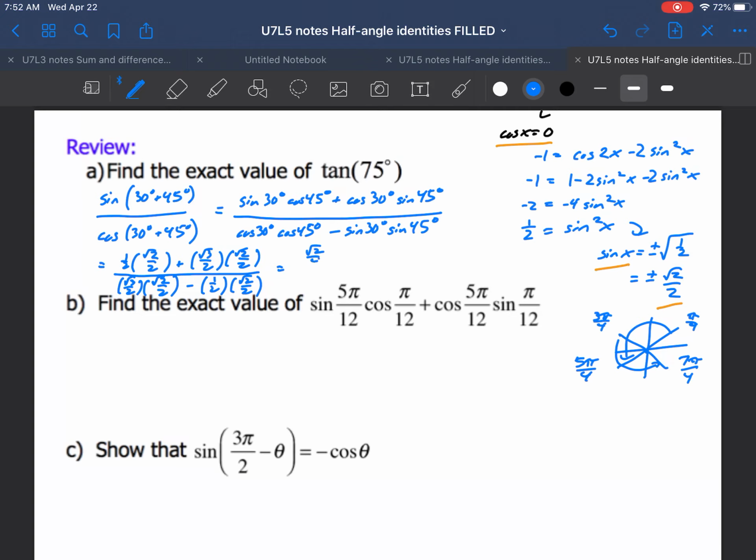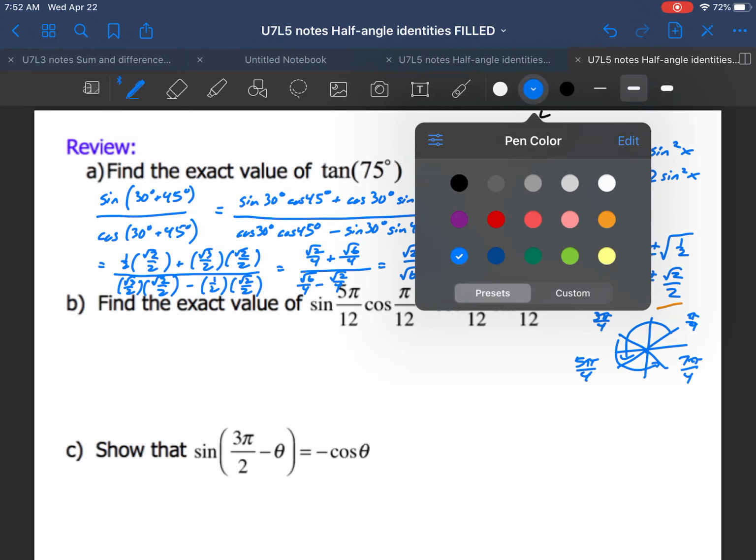So what is this all equal to? Well, that's going to be root 2 over 4 plus root 6 over 4, all over root 6 over 4 minus root 2 over 4. If we want to merge those and get rid of the 4's, we could write this as, and I'm going to leave it like this, root 2 plus root 6 over root 6 minus root 2.